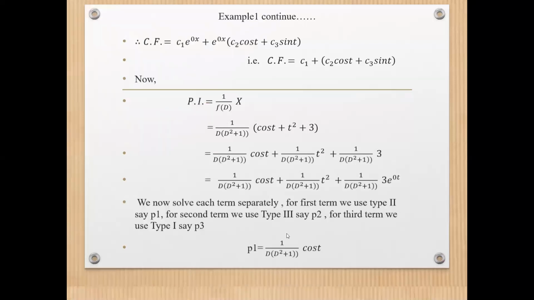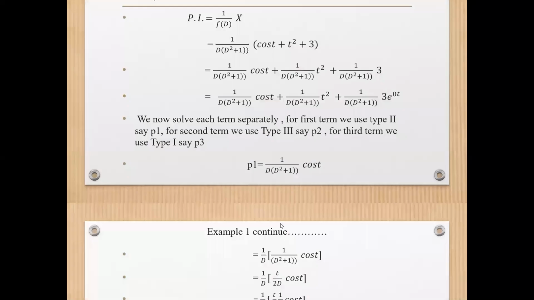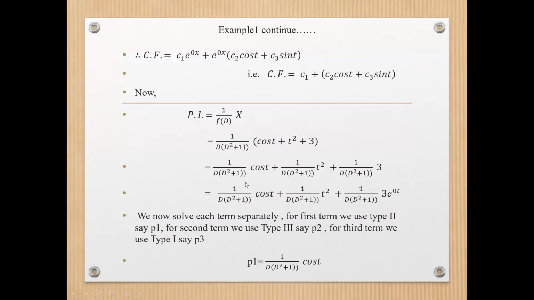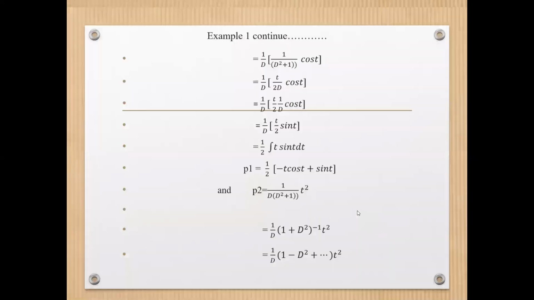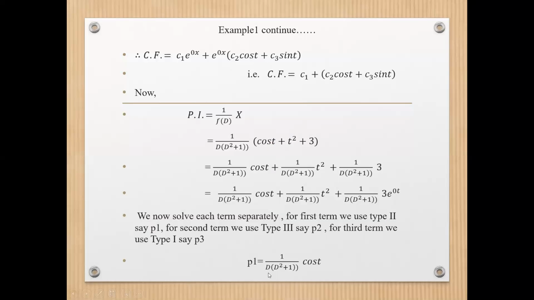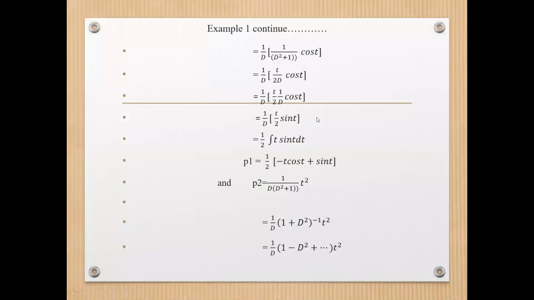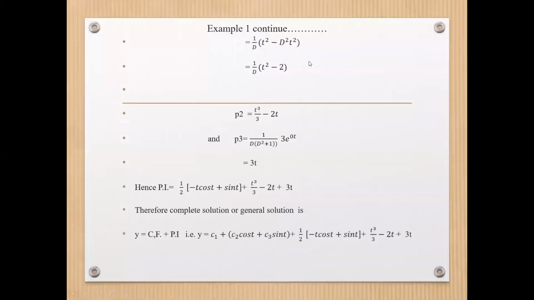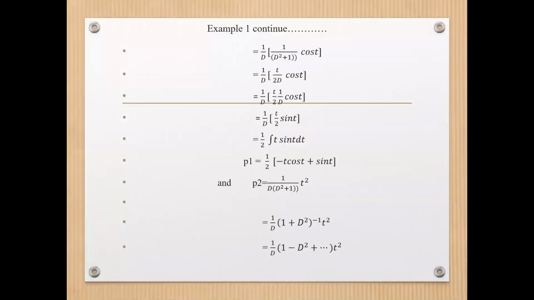So find first P1. P1 is this fraction, P2 is this fraction, and P3 is this fraction. So P1 is equal to 1 upon D(D^2 + 1) into cos t. As you know, in type number 2, if the right hand side is of the form cos x or sin x, at that time we put D^2 equal to minus a^2.